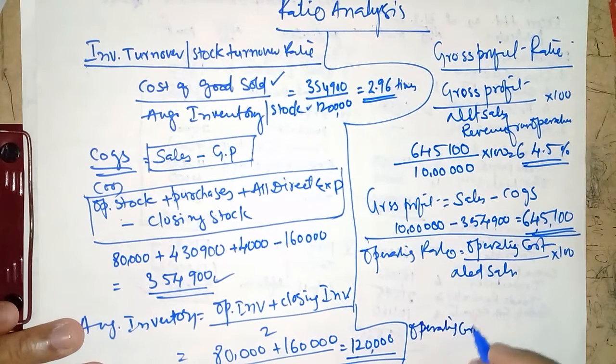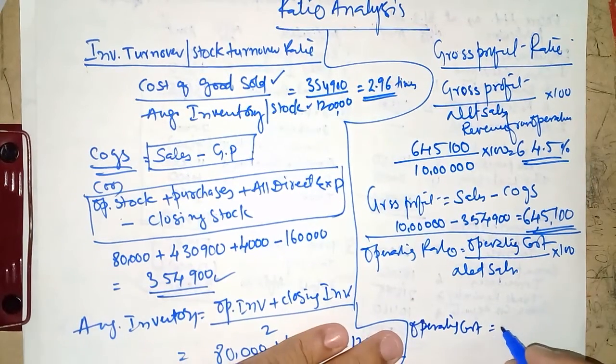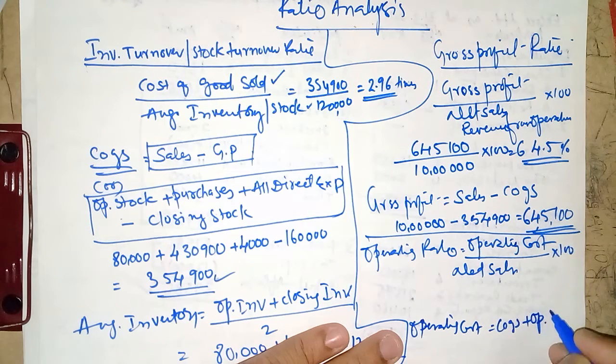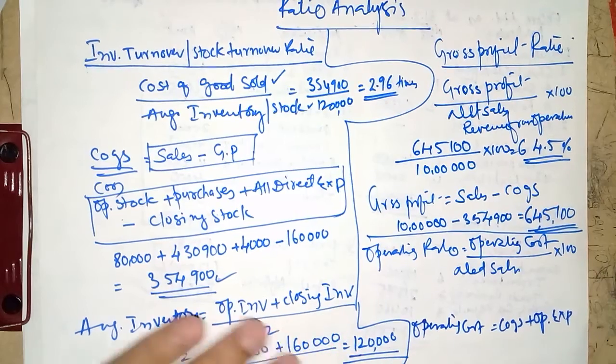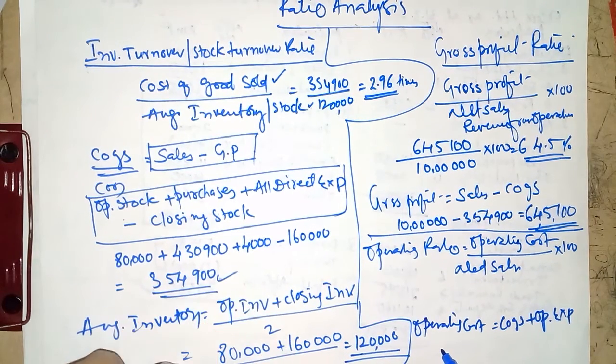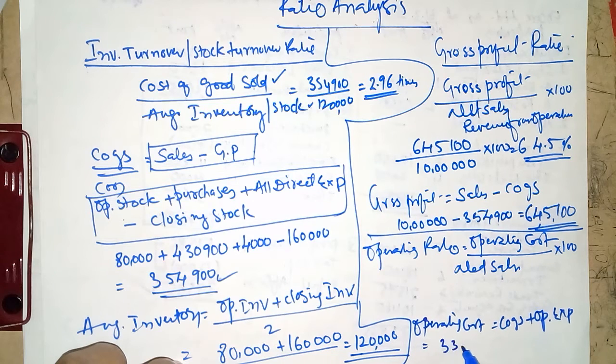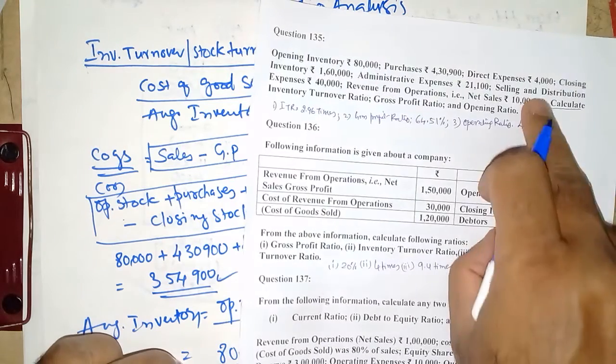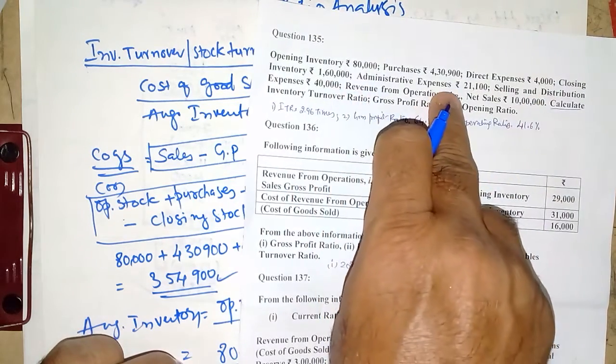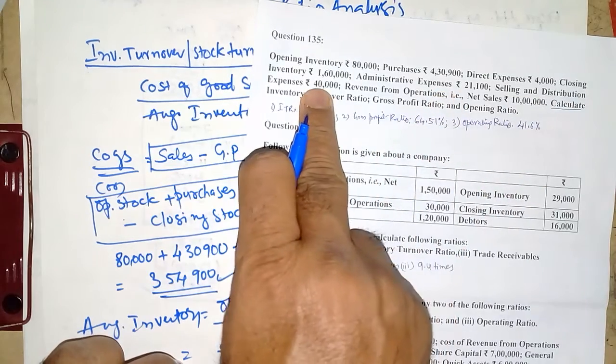Operating cost is equal to COGS plus operating expenses. COGS we already have. What is the value of COGS? We have 3,54,900. Plus what is operating expenses? Operating expenses here are admin expenses and selling and distribution expenses.